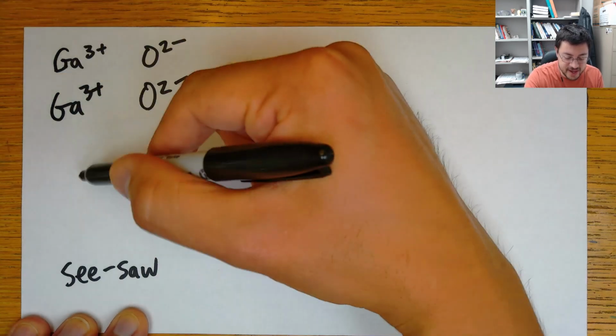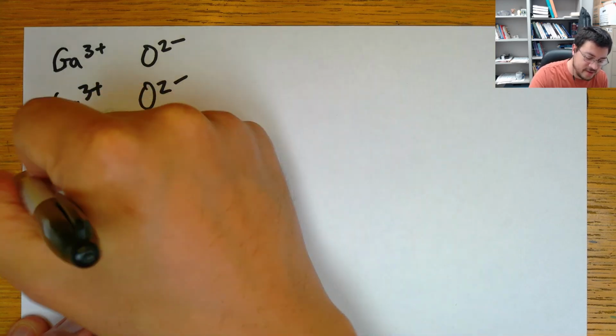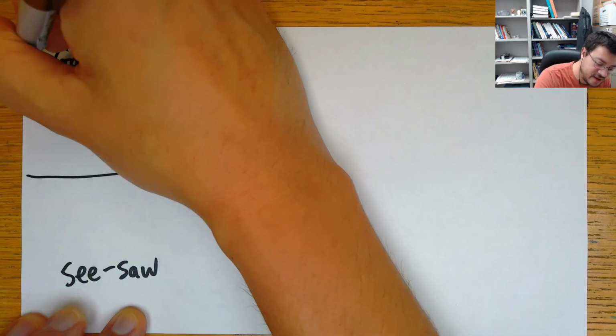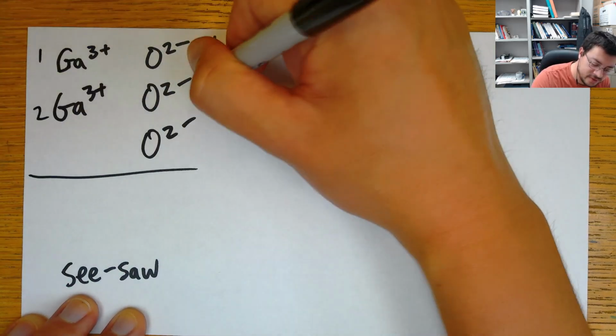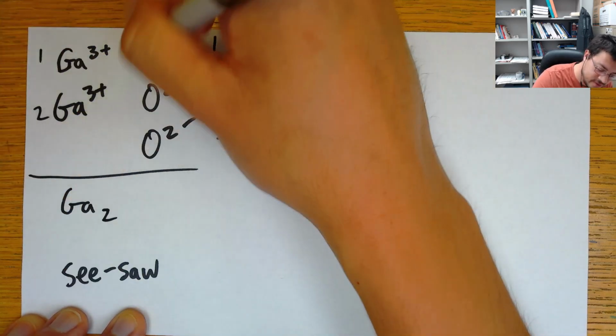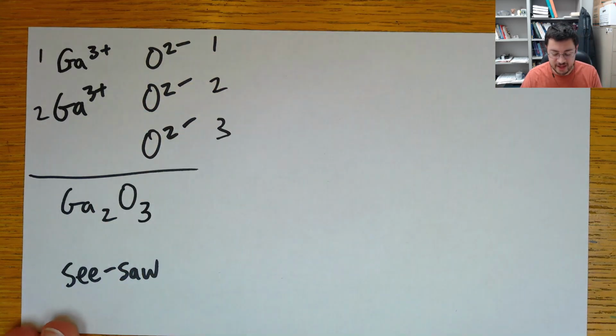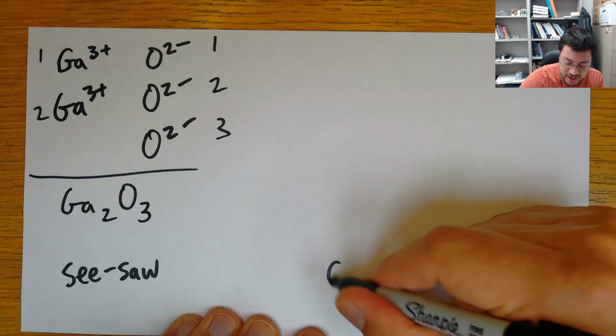Now we have 6 plus and we have 4 minus, so we add 1 more. And then we just count how many of each we have: 1, 2, 1, 2, 3. So gallium 2, oxygen, we have 3 of them. So that'd be gallium oxide. Or if you want to do the crossover, that works too.